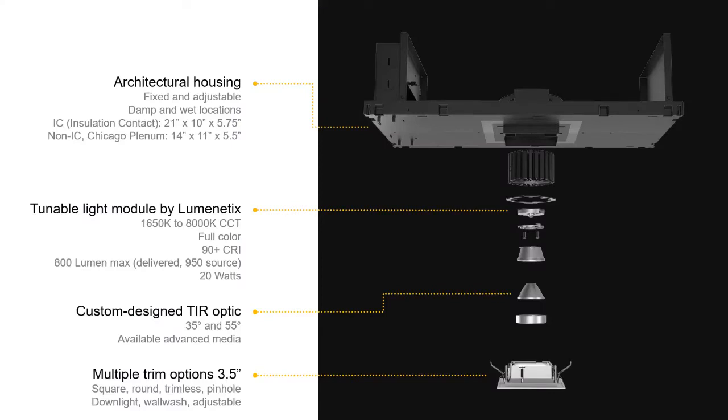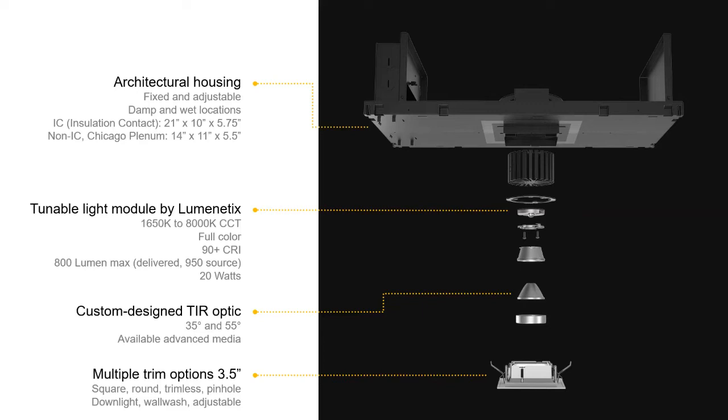Crestron tunable fixtures exist as recessed 3.5-inch downlights with the following options: round and square, fixed and adjustable, damp, dry and wet location, insulated ceiling or non-insulated Chicago plenum.